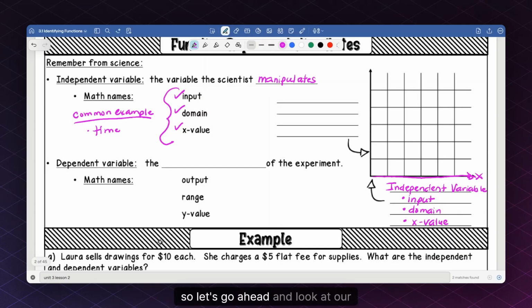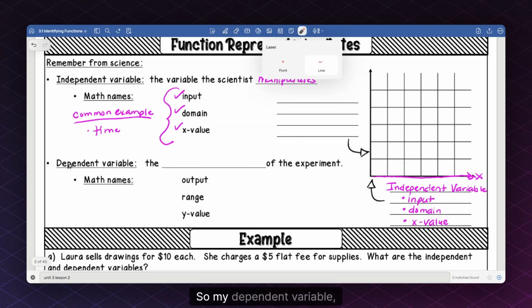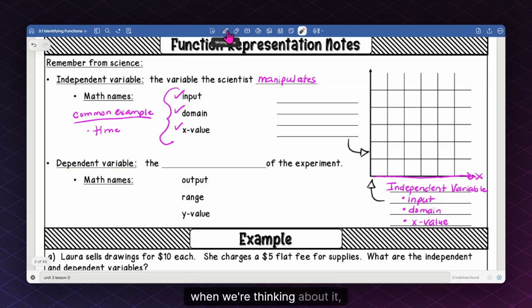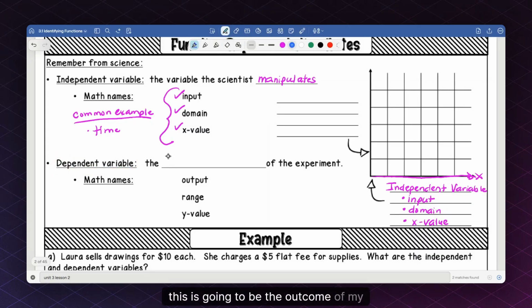Alrighty, so let's go ahead and look at our dependent variable. So my dependent variable, when we're thinking about it, this is going to be the outcome of my experiment. This is what's happening. If we're talking about in science, this is the outcome. And we would end up graphing this over here on the y-axis. Okay, so this would be my dependent variable.